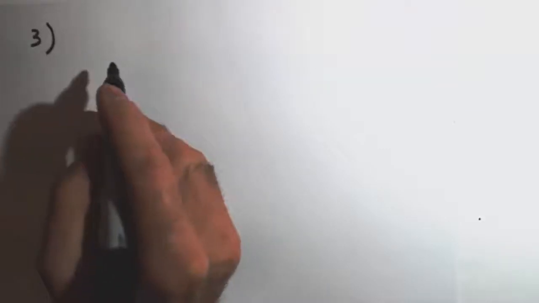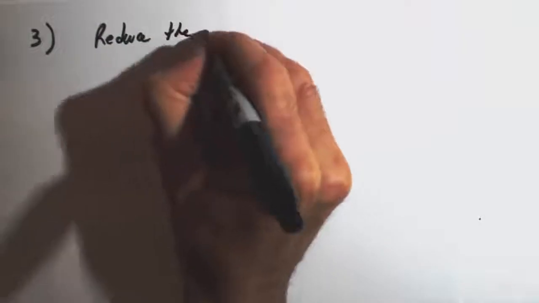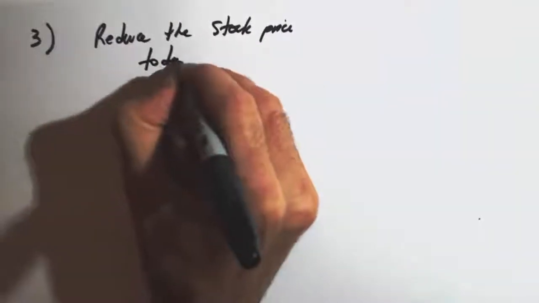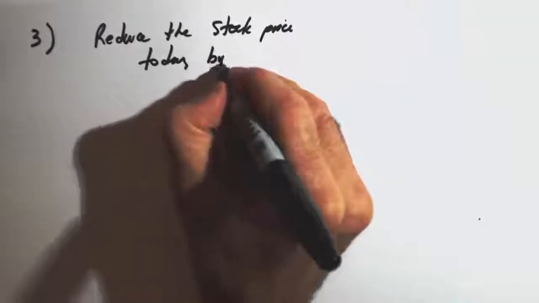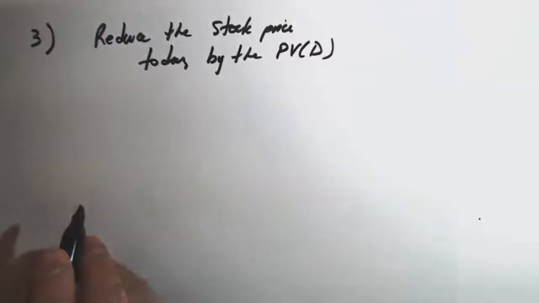The third method, I think, is probably the easiest. And that is to reduce the stock price today by the present value of the dividend.